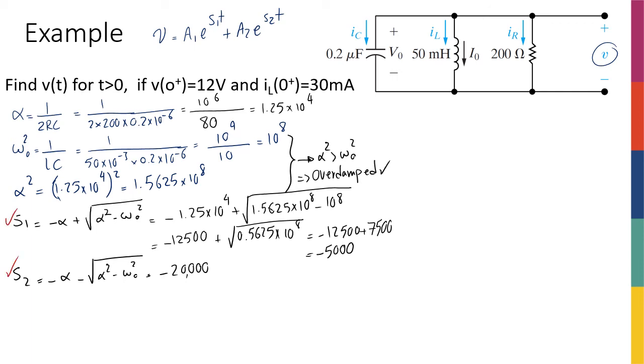All I need is A1 and A2. So for A1 and A2, I know that I have to solve two equations, two unknowns, right? One equation is A1 plus A2 is equal to V0. So what is the initial voltage on the capacitor? It's actually given. It's 12 volts. So I know that A1 plus A2 is going to be 12 volts.